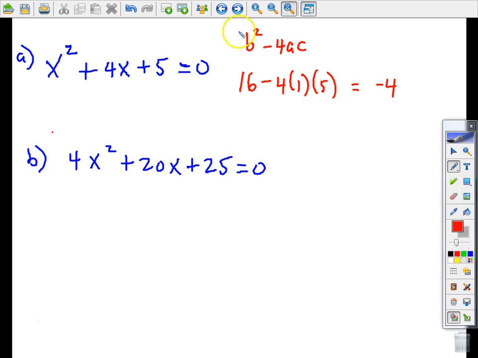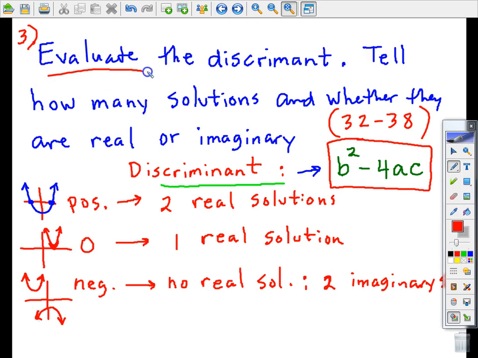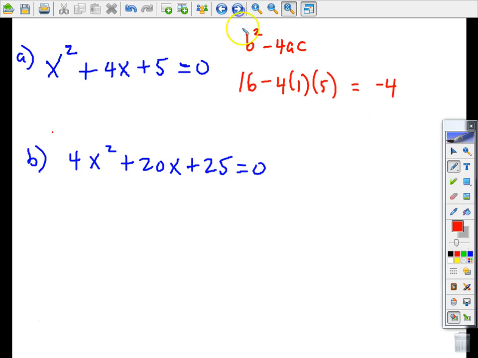Okay, so we just did this part. We evaluated the discriminant. Now we're going to tell how many solutions and whether they are real or imaginary. So I'm going to give you a model of how I want you to write your answer. Okay, the discriminant is negative. So what does that mean? How many solutions and what kind? 2 imaginary. So really I'm going to say it this way. No real solutions. 2 imaginary solutions.